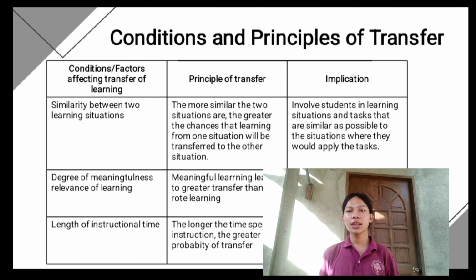In implication, as teachers, we should involve students in learning situations and tasks that are similar to the ones they will face in real life or in future lessons. This helps make the transfer of learning easier and more natural.